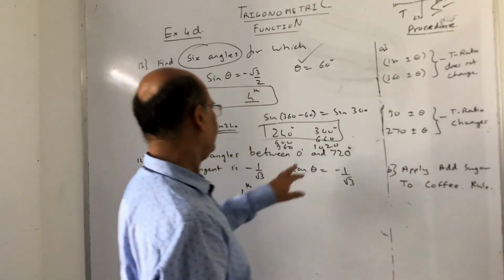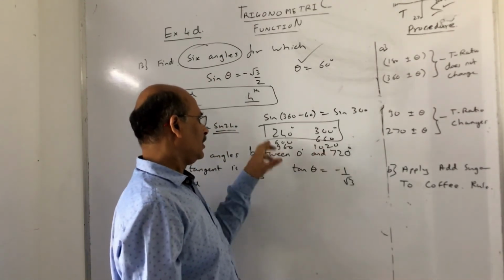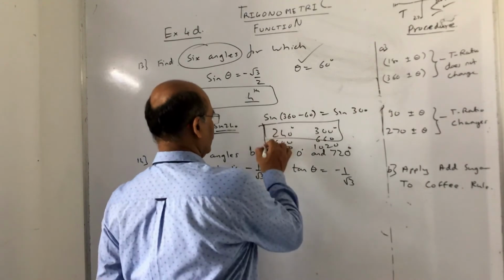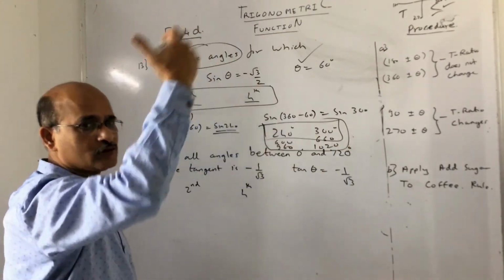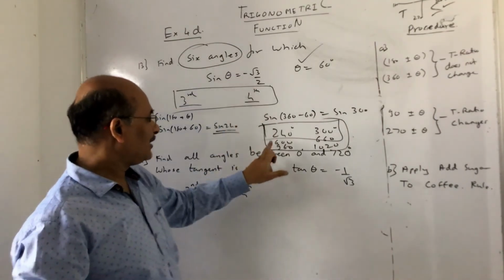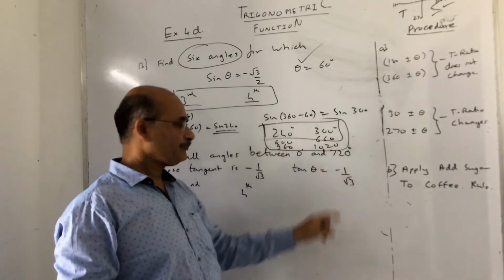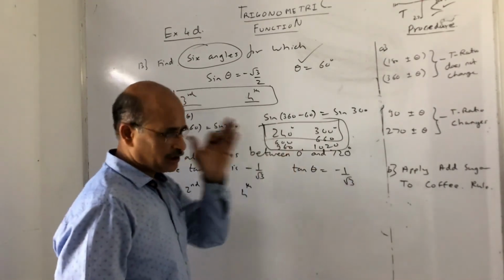Check. Yes, so these are the 6 angles I am talking about. Why? Because after every 360 degrees, when the terminal arm makes a complete rotation, the value gets repeated. As no limitation was mentioned, I just mentioned all 6 angles together. In this case, they are asking for 0 to 720 degrees, not an issue.